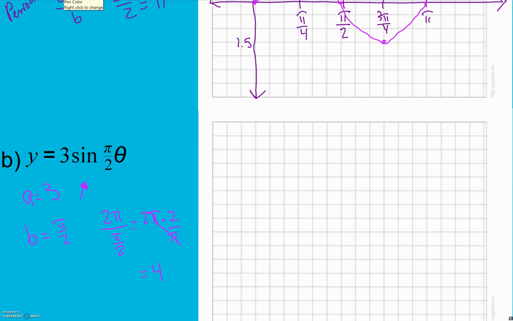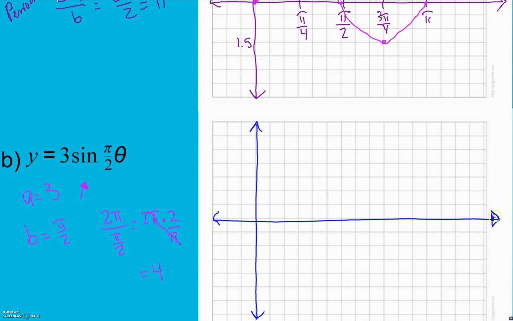I know that's a little weird because we've been dealing with pi, but we're going to make it work. It doesn't really matter as long as we label it. So we said that our amplitude is 3. Again, same distance both ways.